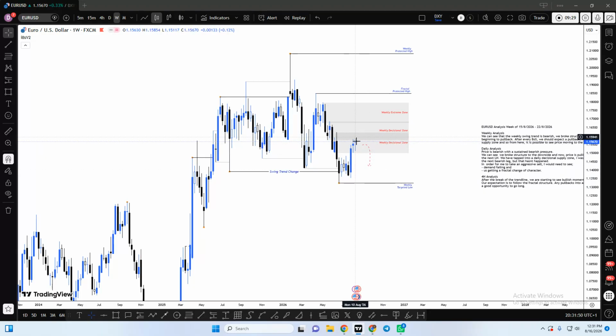We broke structure to the downside, and price has started to pull back into the zone. Now our focus will be the fractal structure, and we do have these supply zones. This is the first area where we want to see a reaction from these supply zones.